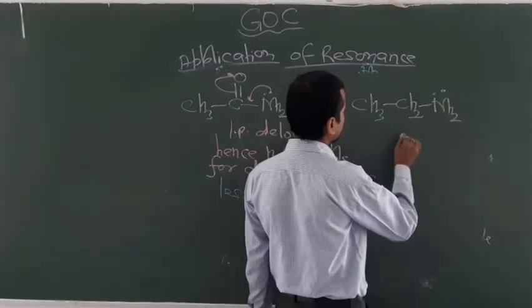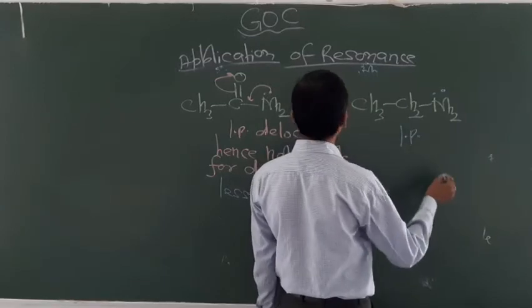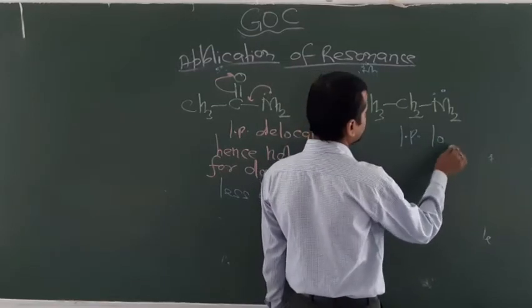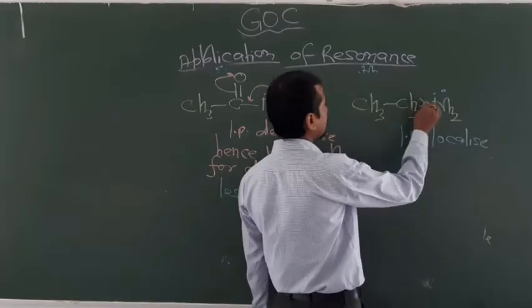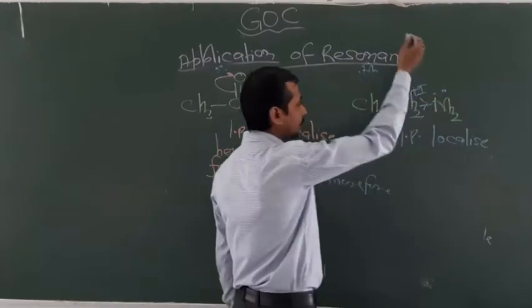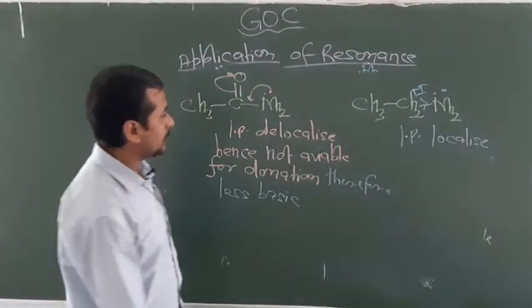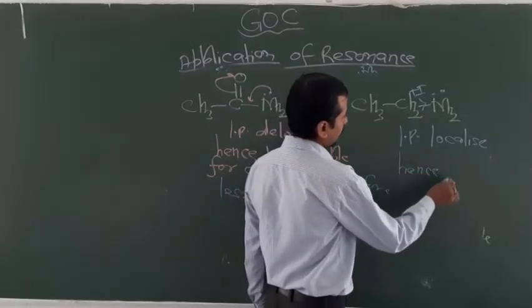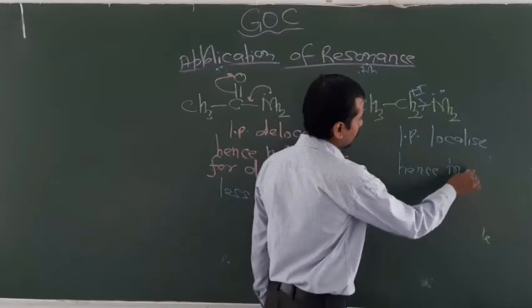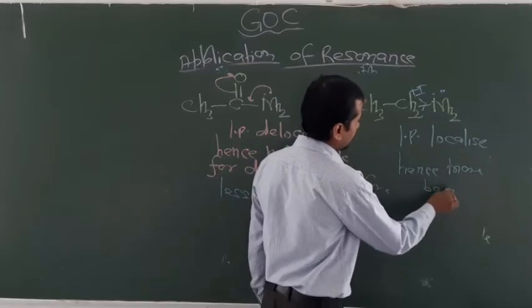Here, the lone pair is localized, and due to the plus I effect the electron density also increases more. So hence it is more basic.